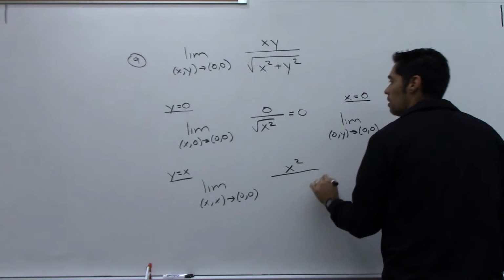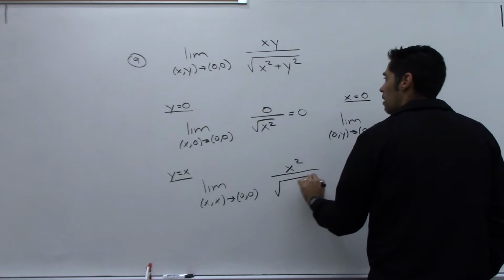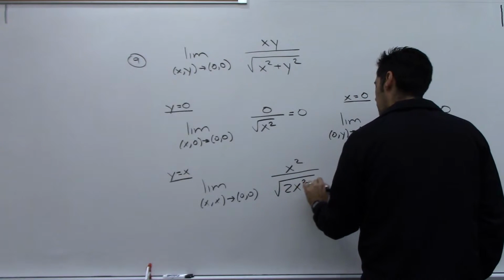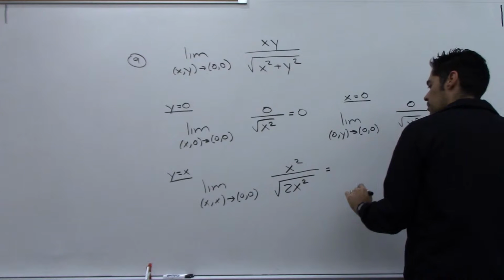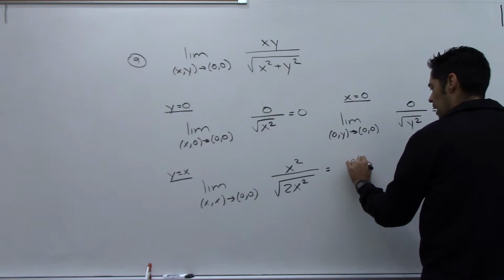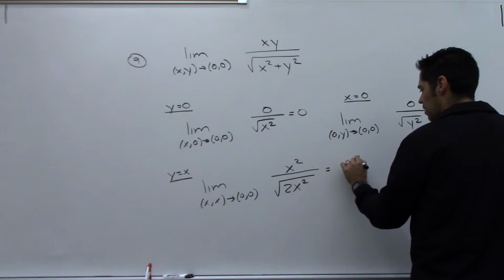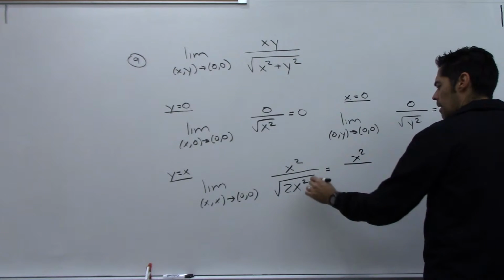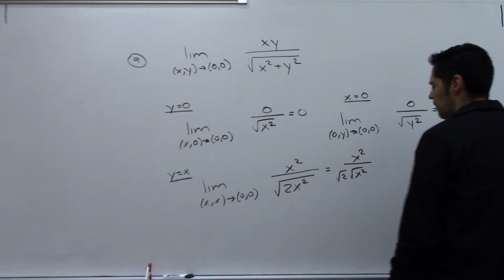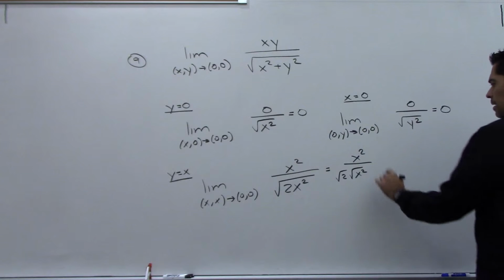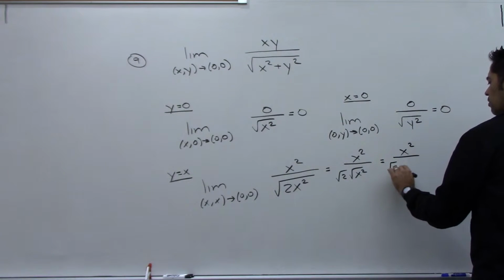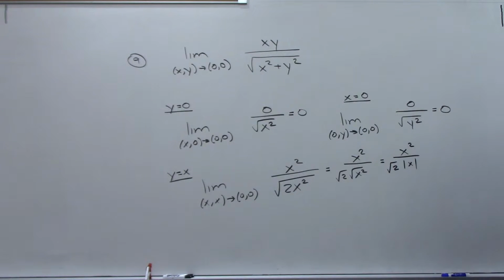X squared over square root of x squared plus x squared is 2x squared, which is equal to, let's see, I'm just rewriting this. This is x squared over root 2 times root x squared. And that's going to be equal to x squared over root 2 times the absolute value of x.